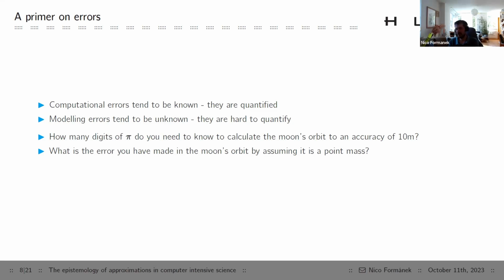So that would be a computational error, right? Error in computing pi and how that affects your overall orbit. But if you want to know what is the error that you have made by assuming that the moon is a point mass in Newtonian mechanics, well, that's really harder to quantify, right?